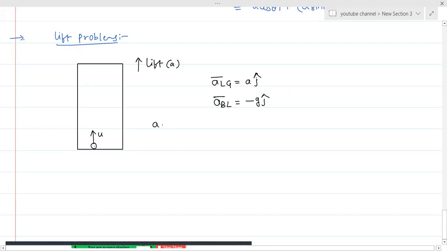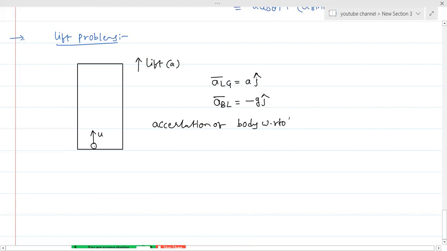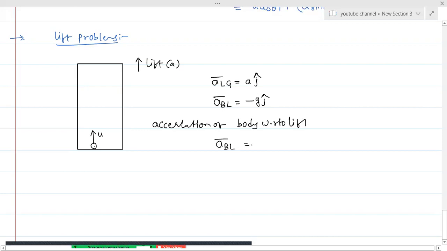Now I need the acceleration of the body with respect to the lift. So therefore we write a_BL bar, that is equivalent to the acceleration of the body with respect to the lift.